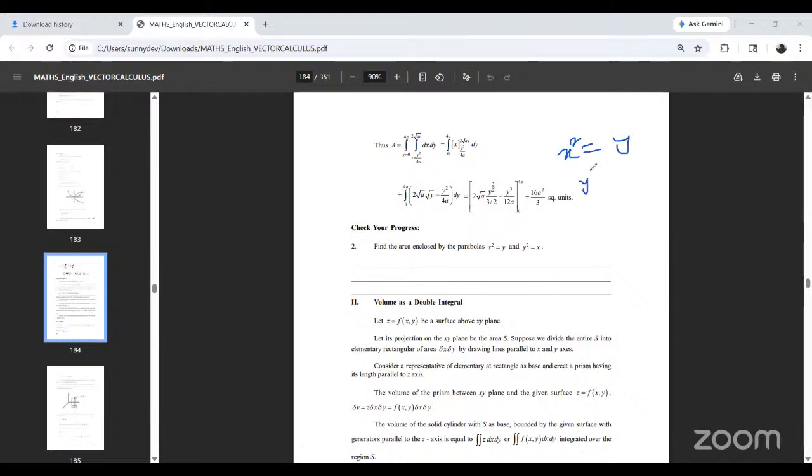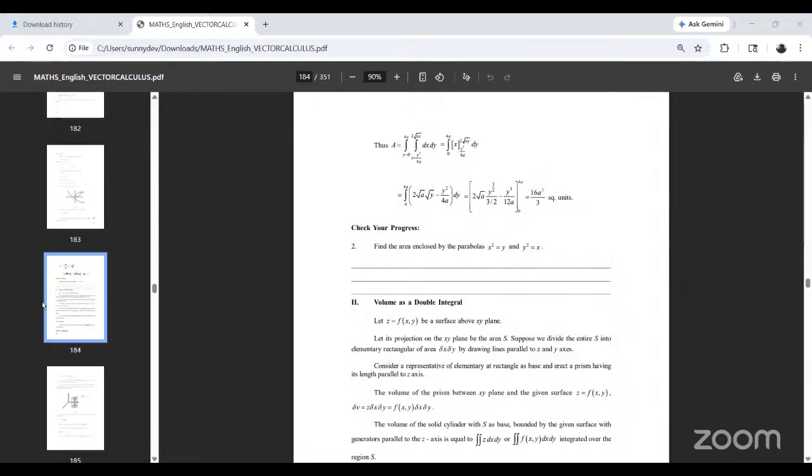Now from these two, we can write x power of 4 equal to y square, and from the second equation y square equal to x. So x power of 4 equals x. From there we can find the limits of x and the limits of y.